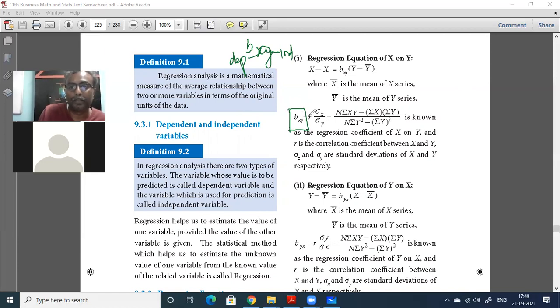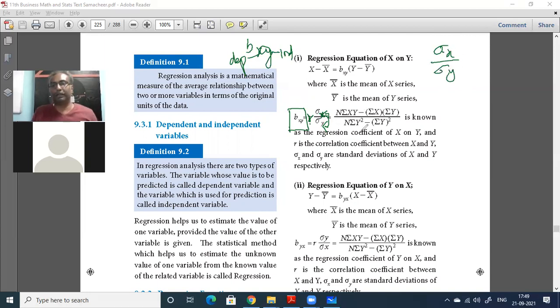It is equal to r, the correlation coefficient, times the standard deviation of x divided by the standard deviation of y. Again, x on y: x will be on top of y, very simple to remember. So sigma x is on top of sigma y.